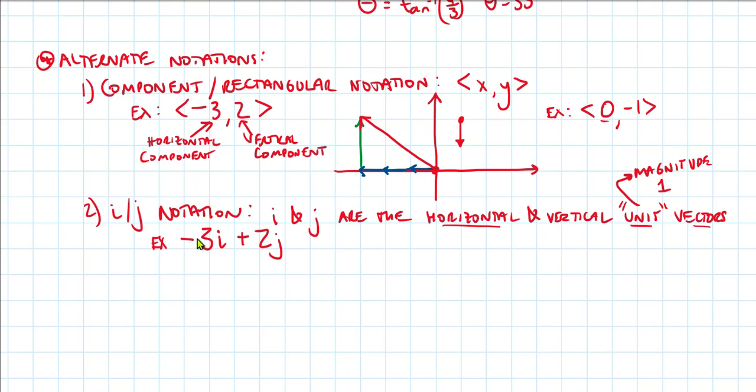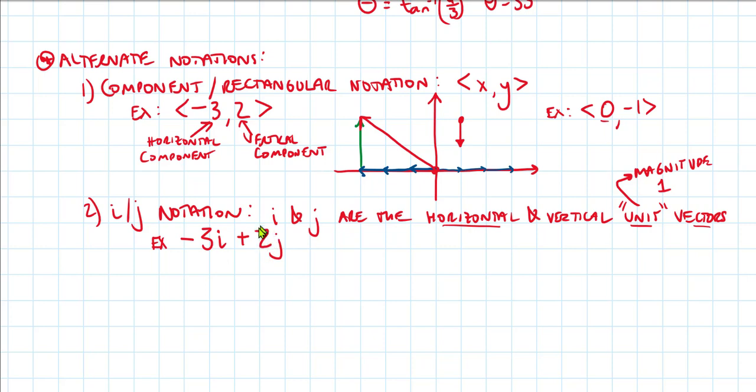The reason they are going to the left is because of that negative. If that 3 were positive, these would be going to the right. But since there is a negative 3 in front of that i, we are taking the horizontal unit vector, a horizontal vector of magnitude 1, that vector right there, and multiplying it by 3, but flipping the direction on each of those. So that's where that horizontal component comes from.